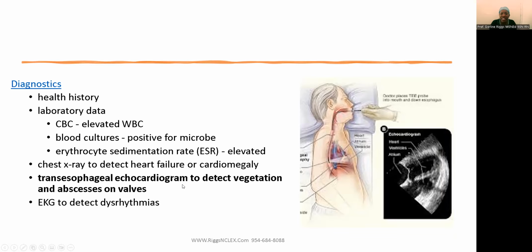We need to see the valves. This is a scope, as you can see in the picture here, large bore. It's going down the esophagus, past the upper esophageal area right here, and it's going to get right behind the heart. So literally, we're taking a picture of the heart from the esophagus, from the back.